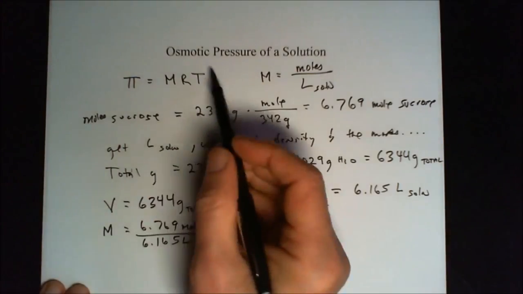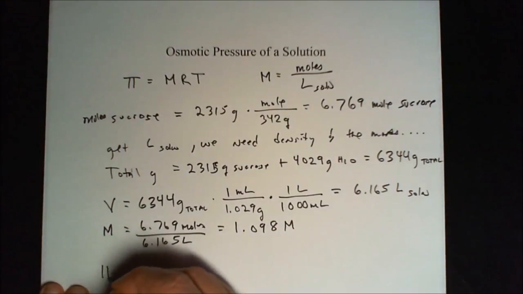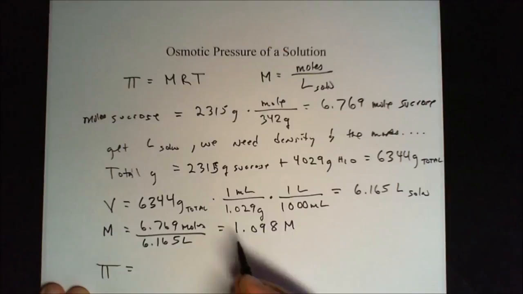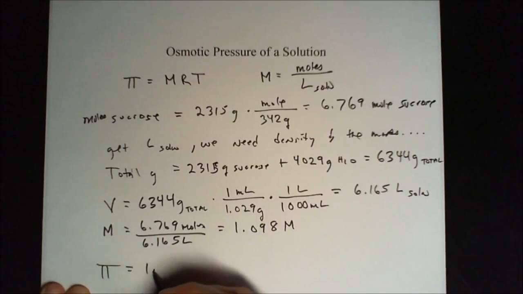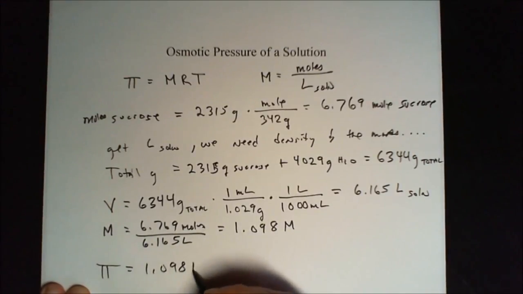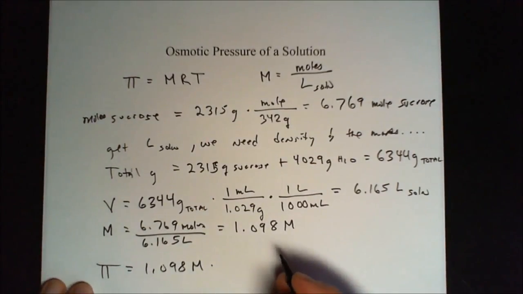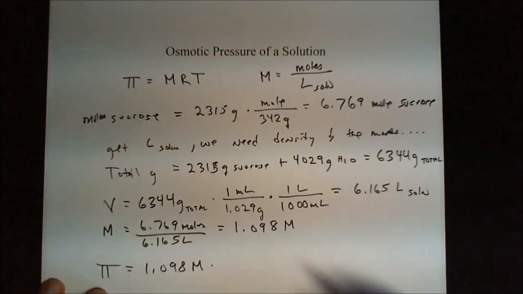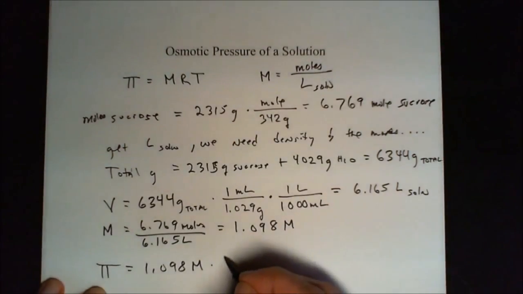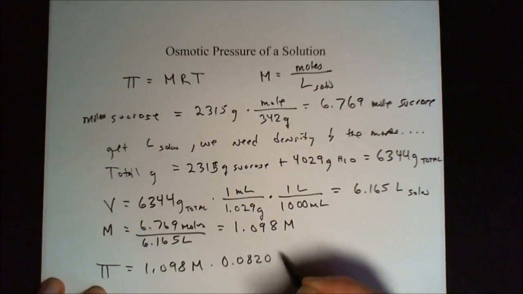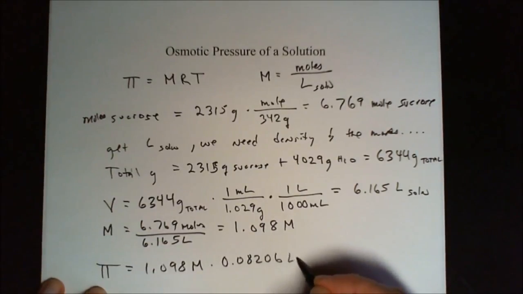And finally, we can plug everything in here, and so our osmotic pressure is the molarity, which we just calculated, 1.098 molarity. Our R, well, we'll calculate our pressure in atmospheres, so we're going to use 0.08206 liter atmospheres per mole Kelvin. So we get our answer in atmospheres.